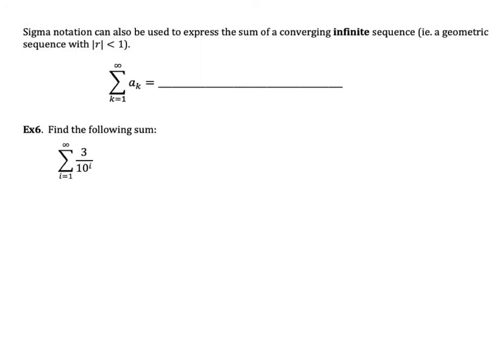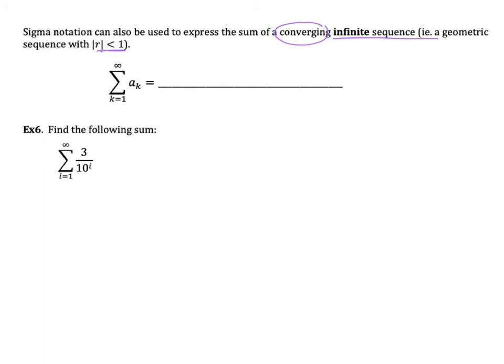So sigma notation, we just discovered, can be used to represent a geometric series, the sum of a bunch of numbers that are related geometrically, or it could be used to represent an arithmetic series. And now we also have the sum of an infinite geometric series. It has to converge, which means the absolute value of your common ratio needs to be less than 1.